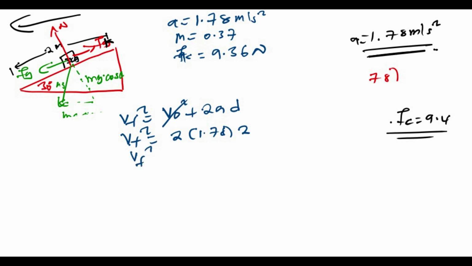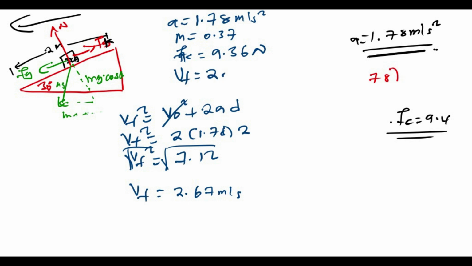So you have 2 times 2, 4. 4 times 1.78, I'm getting 7.12. Get the square root. V final is 2.668, so it's 2.67 meters per second. That is the final velocity.